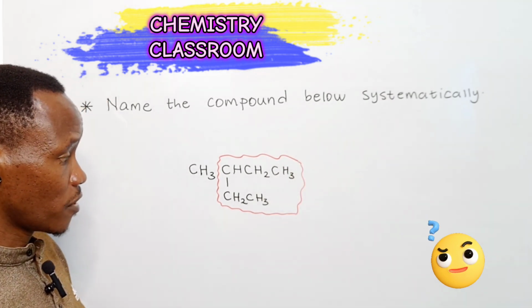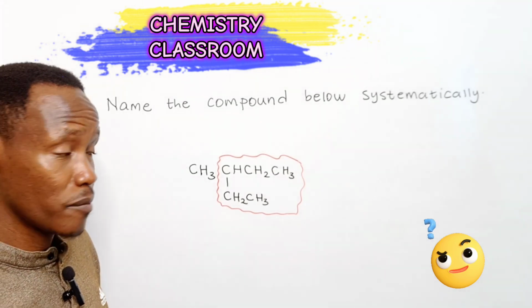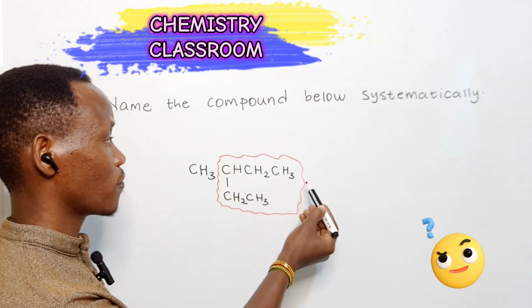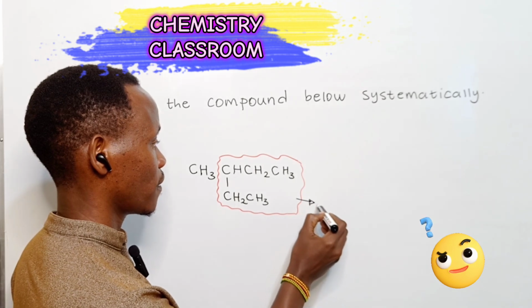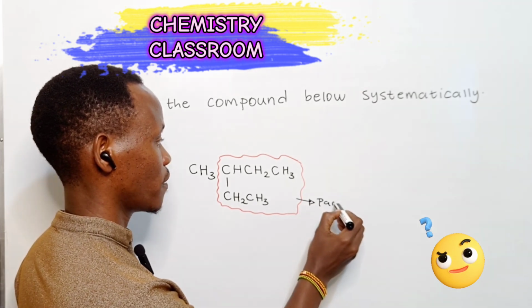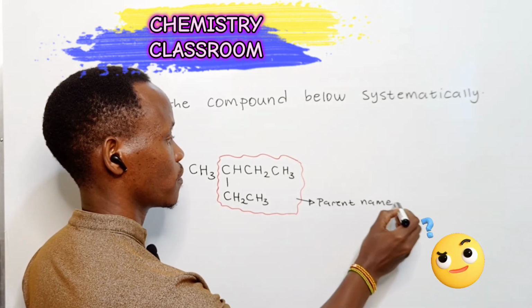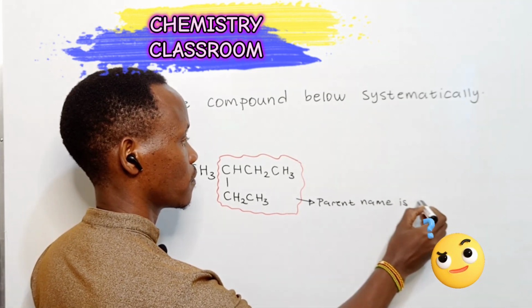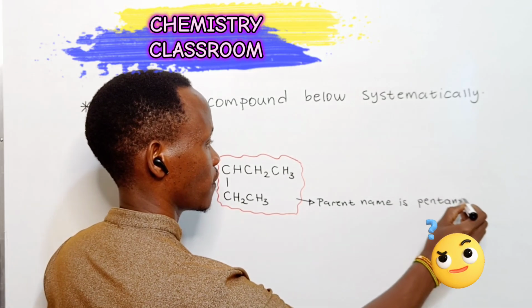Because this is our parent chain, it helps us generate the parent name that corresponds to a 5 carbon chain alkane, and therefore the parent name of our compound is pentane.